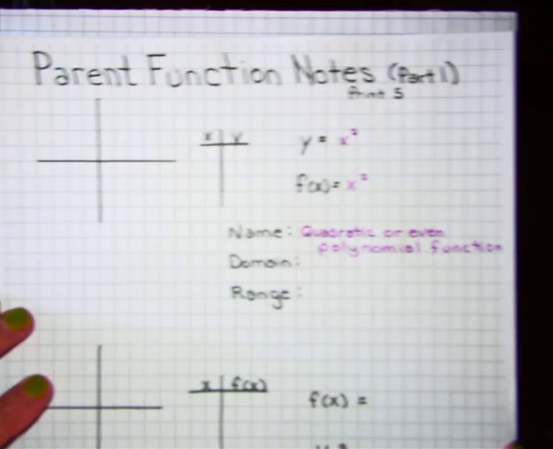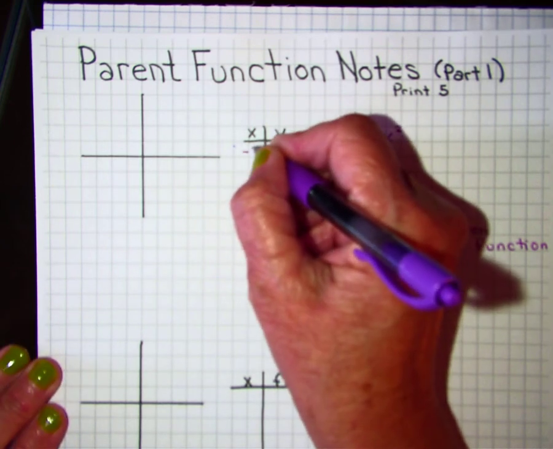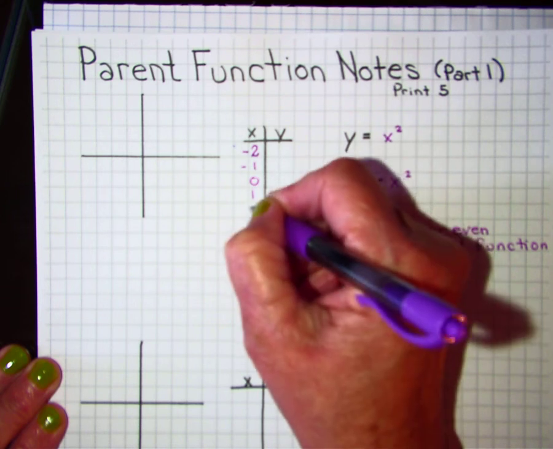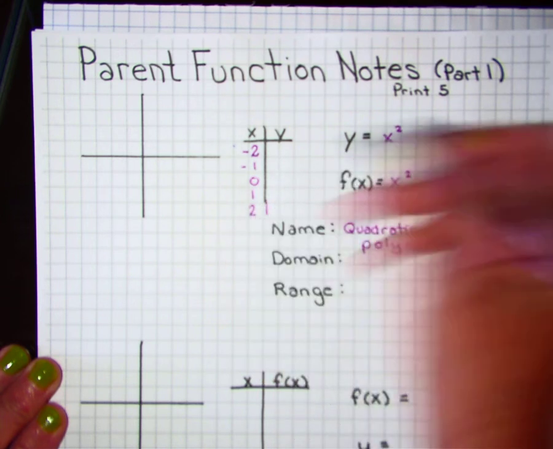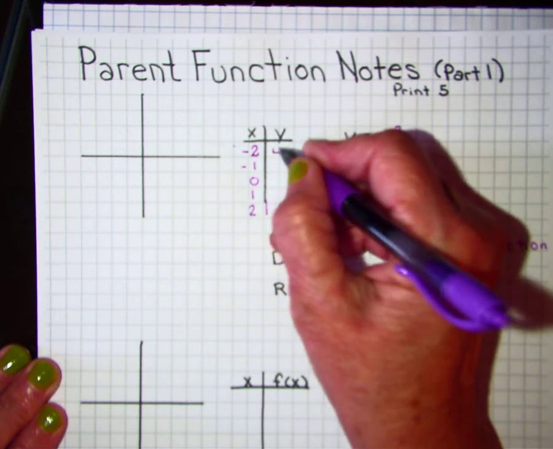Now, when we plot this, I'm going to plot -2, -1, 0, 1, and 2. I'll use 5 values. When I put -2 in here and square that, it becomes a +4.